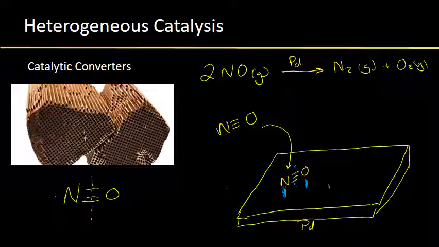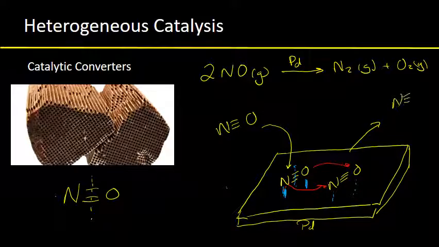If there's a neighboring molecule which is also adsorbed on the surface, then this nitrogen can interact with that nitrogen, this oxygen interacts with that oxygen, and the two leave and desorb off of that surface as a nitrogen molecule and an oxygen molecule.